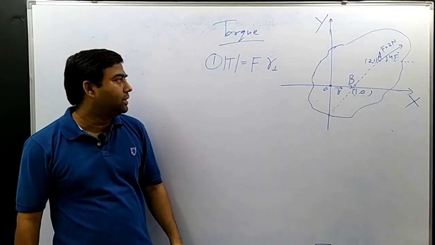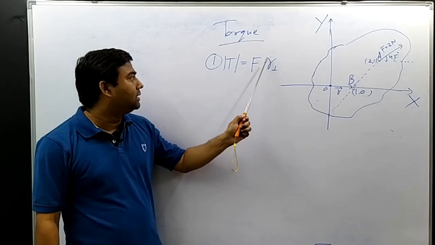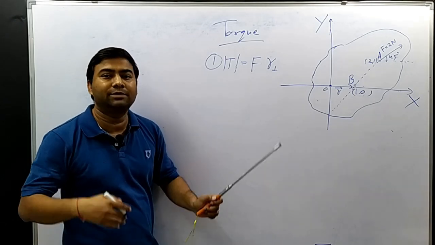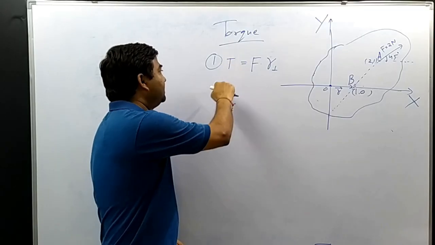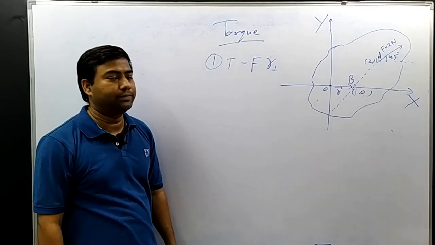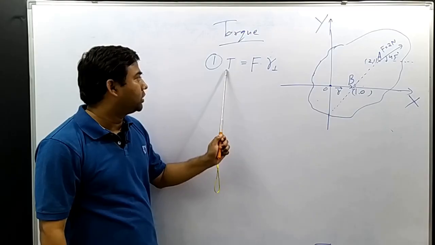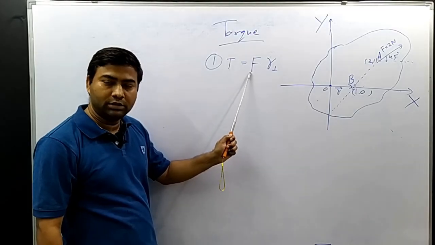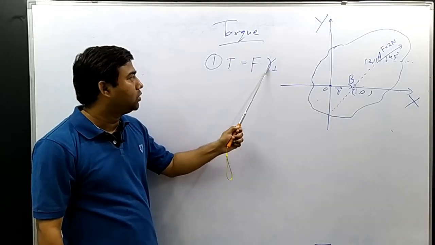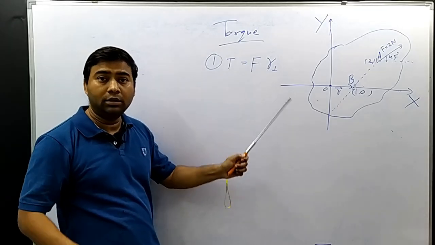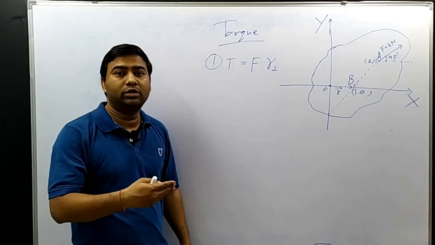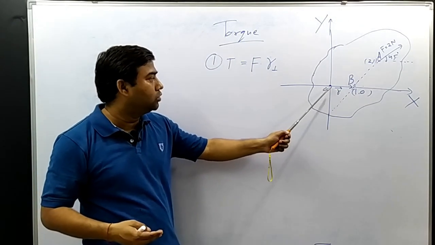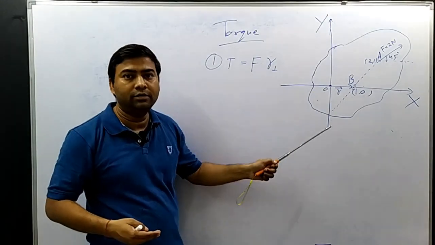So the first method to find the modulus of torque is force into lever arm. That was our first formula. Here we just denote the magnitude of force, and similarly the magnitude of torque. So the magnitude of torque is equal to the magnitude of force into the arm of lever or arm of moment, that is, the perpendicular distance from O to the line of action of the force.